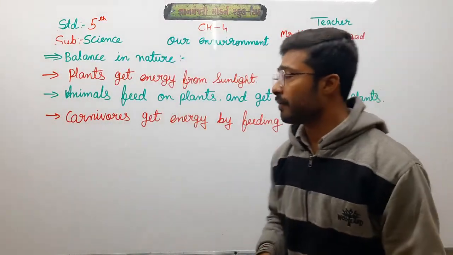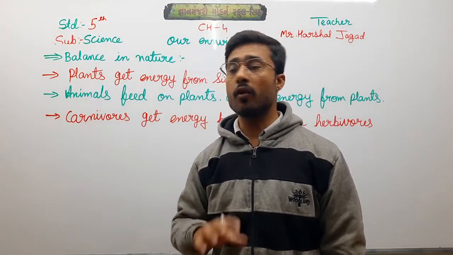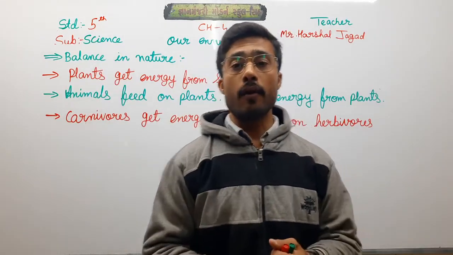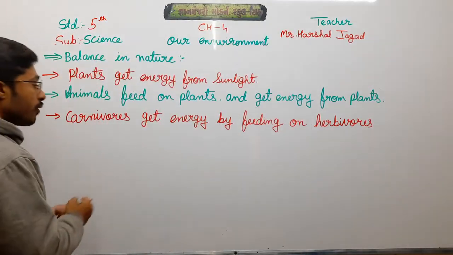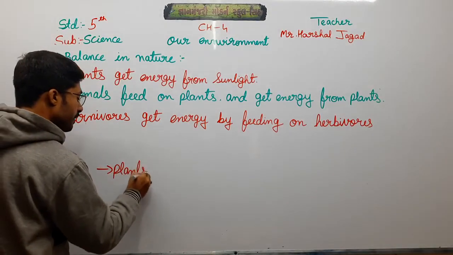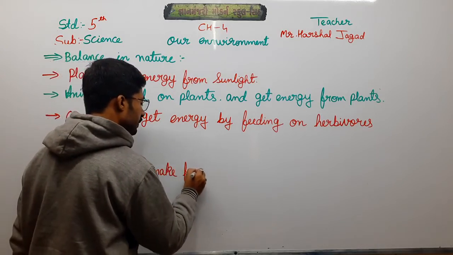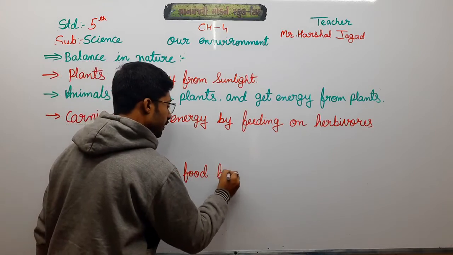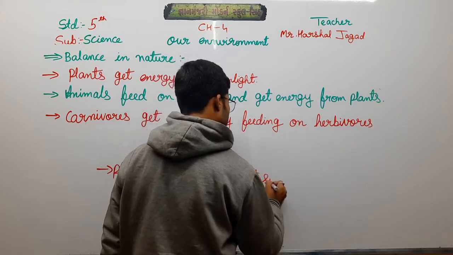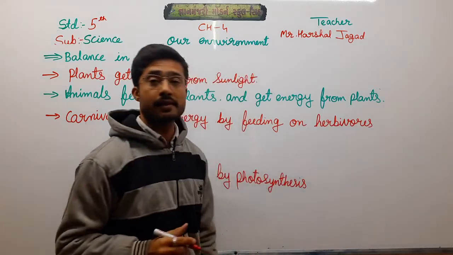कैसे कि सबसे पहले बात करें तो कि जो प्राइमरी प्रोड्यूसर्स है, प्रोड्यूसर्स वो कौन है, तो प्लांट्स है. तो अभी ये प्लांट्स है, उसको एनर्जी कहाँ से मिलती है, they just make food by what? Plants make food by photosynthesis process.